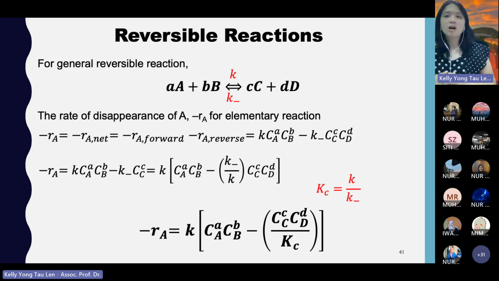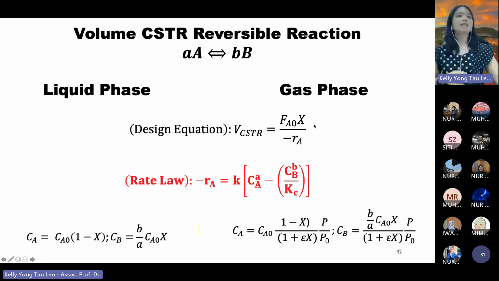You already find out juga how to do the rate law. So yang penting kamu kena faham how to form the rate law, and I think the main challenge will be bila kamu nak express concentration dia, sebab kamu ada concentration liquid dengan gas. So we will discuss in the next example. Right, okay, so this slide is just to show you macam mana kita nanti nak combine untuk design reactor.